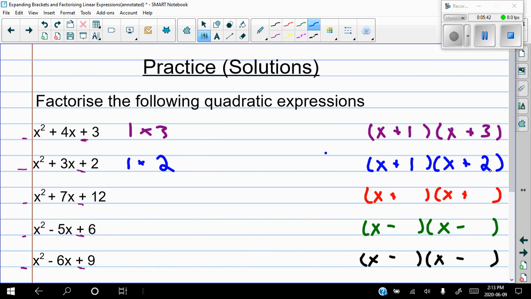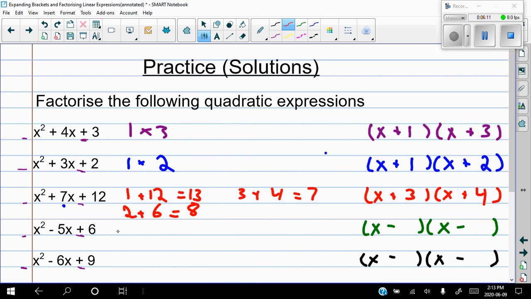Well, for 12, we can do 1 and 12, we can do 2 and 6, and we can do 3 and 4. If we add these numbers together, we're going to get 13, 8, and 7. We're looking for 7, so we know it's going to be x plus 3, x plus 4.